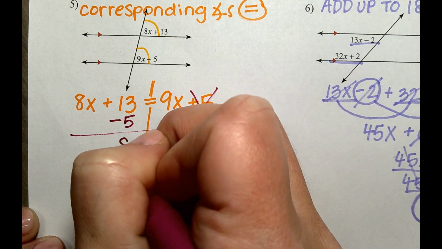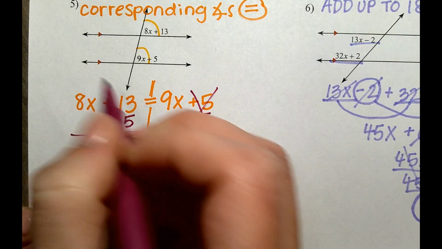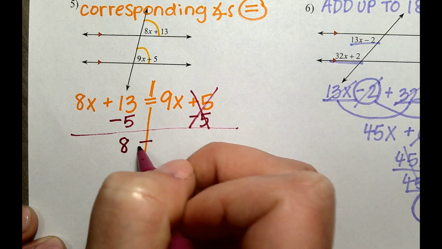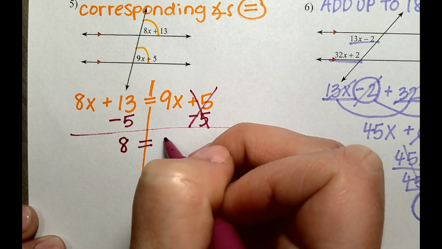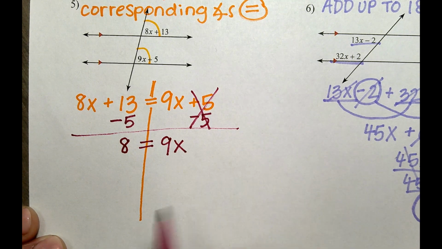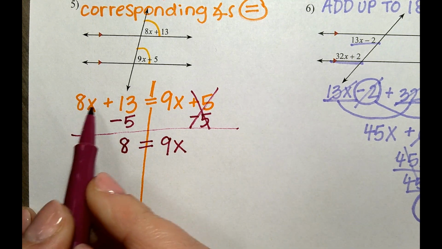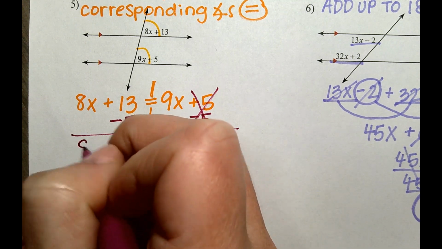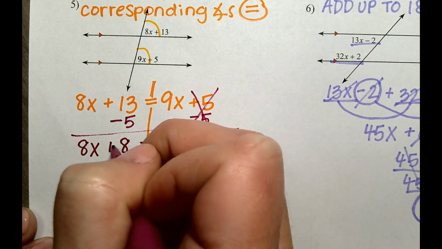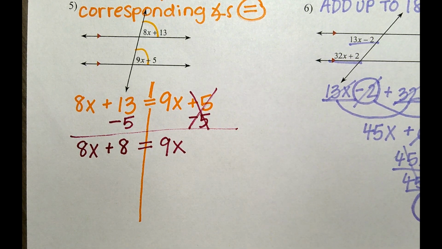Okay, so I have 8 here. I will bring down equals. I will bring down 9x. I still have 8x over here. 8x plus 8 equals 9x.